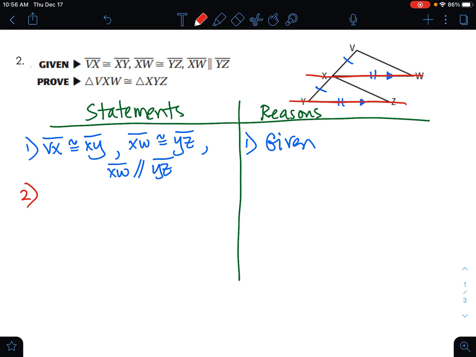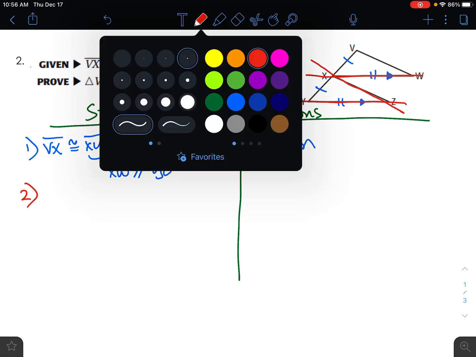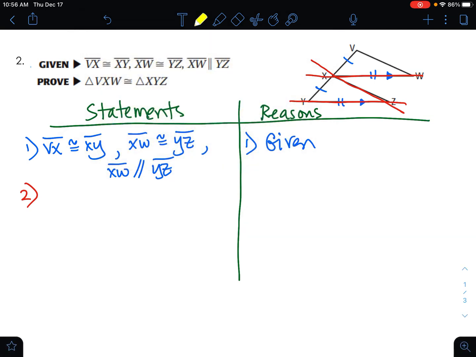Okay, I have 2 potential transversals. So if I start, let's start with this one. Let's see what we can get. All right, so let's see what I notice. I see some alternate interior angles. So right now I'm just going to mark things up.